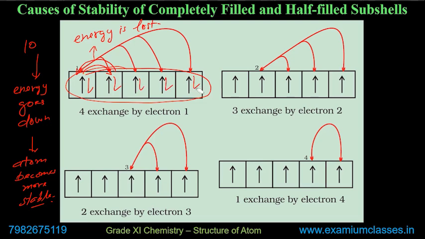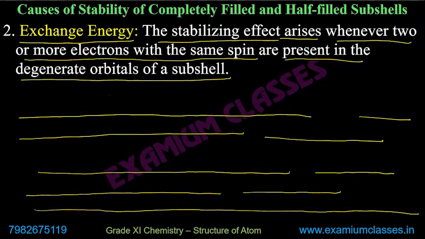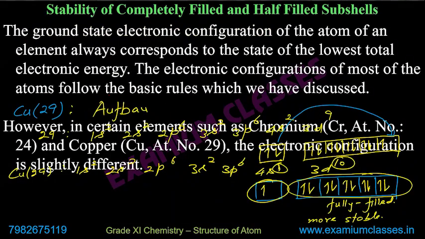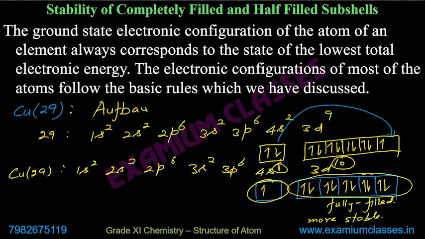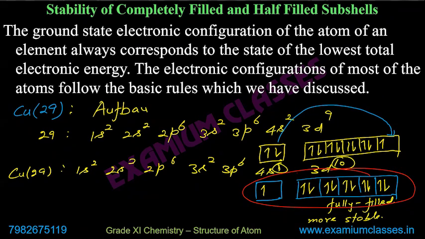Although it can happen in the case of copper, for example, which I talked about. In this case, it can happen because this is empty and all the electrons have close to each other energy, degenerate orbitals. That's why the electron got transferred from s to d.